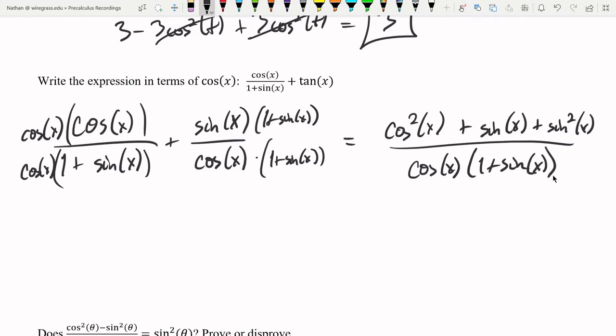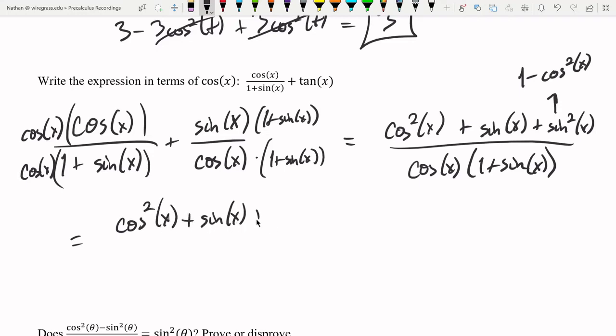All right, we want in terms of cosine. So let's change this into cosine. So this is going to be 1 minus cosine squared. I just want to try that and see what happens. So we have cosine squared x plus sine x plus 1 minus cosine squared x.